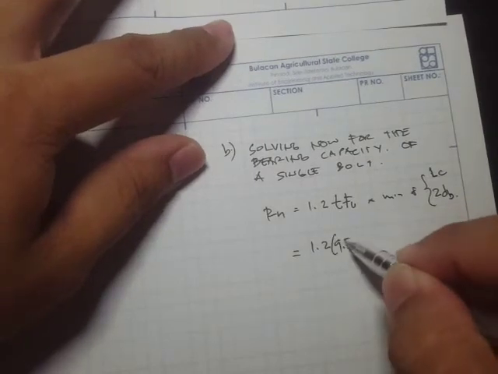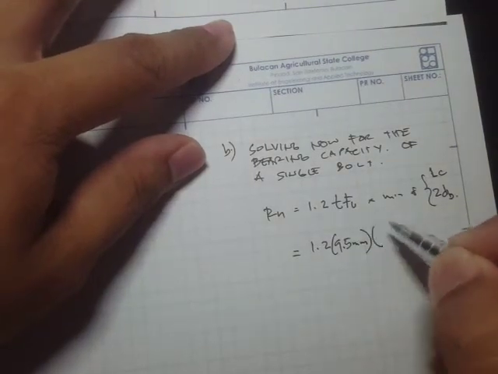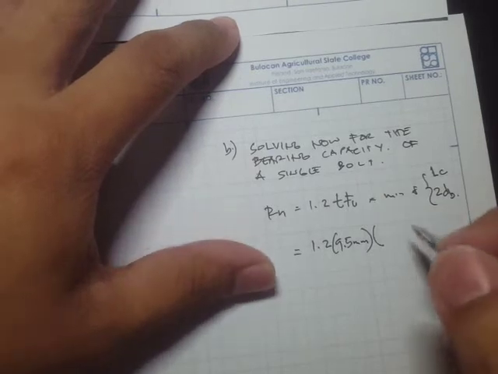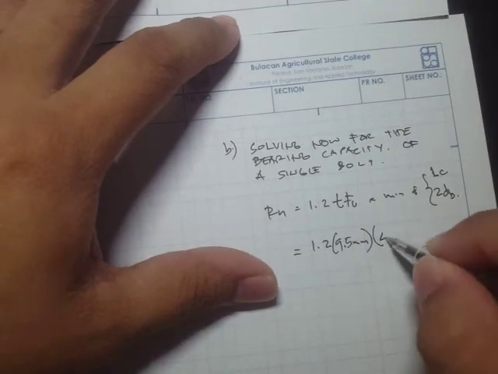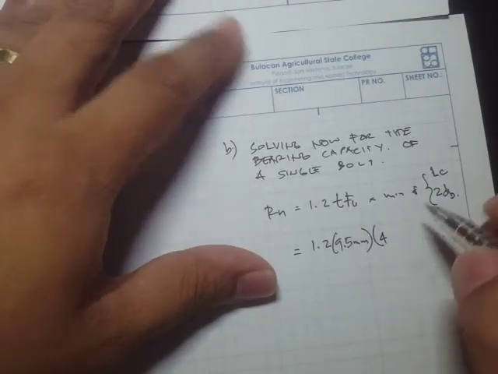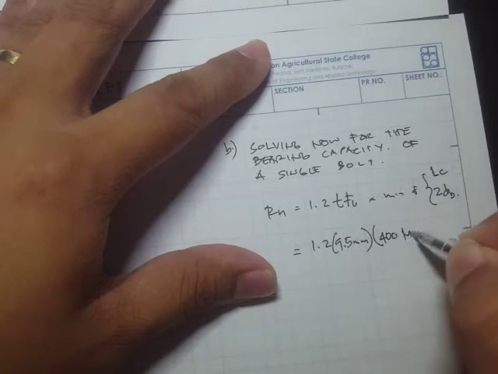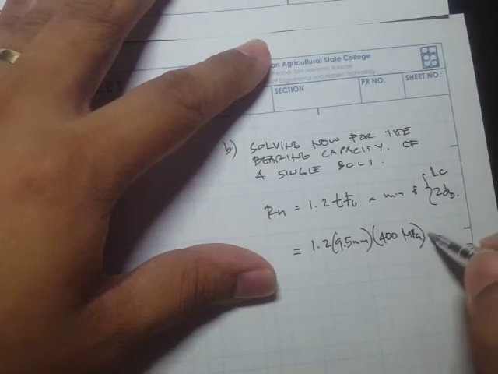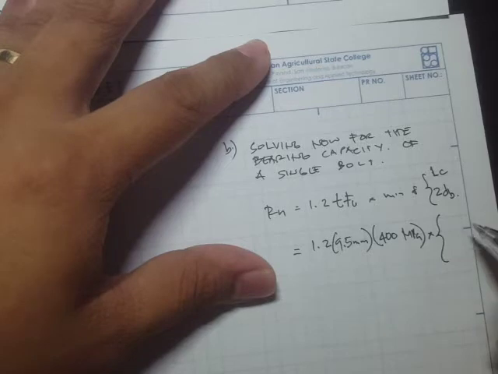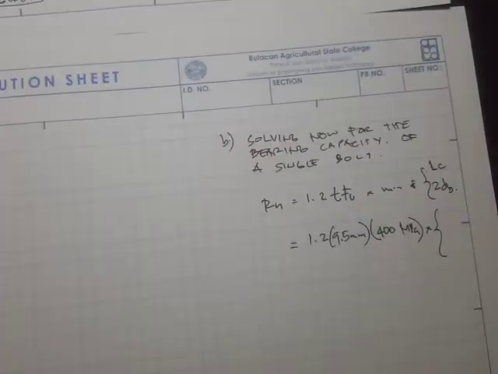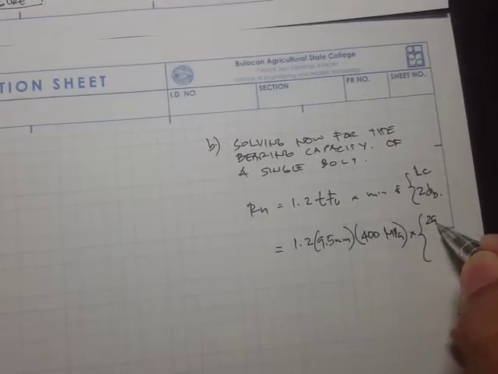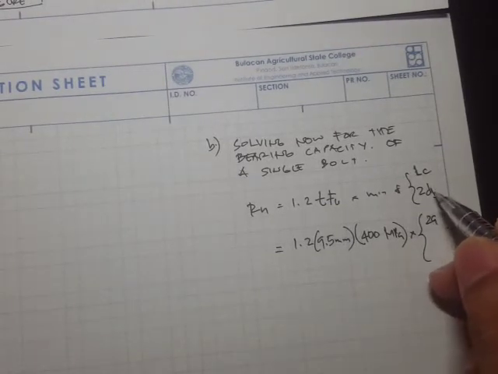So that's 9.5 mm, and the ultimate tensile strength is 400 megapascal. Okay, times the minimum of Lc, and that's 29, and 2 times the bolt diameter.